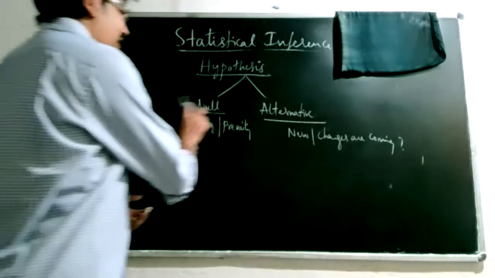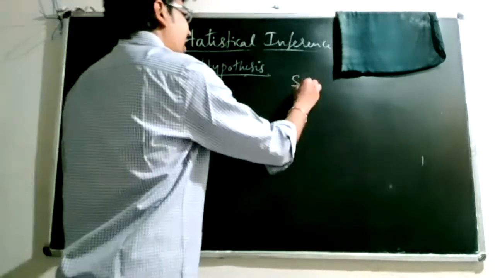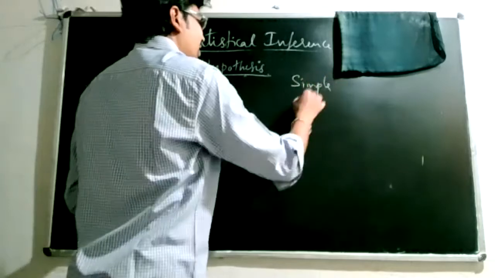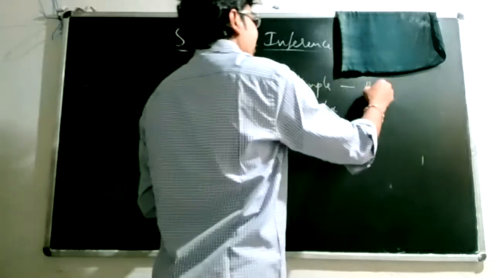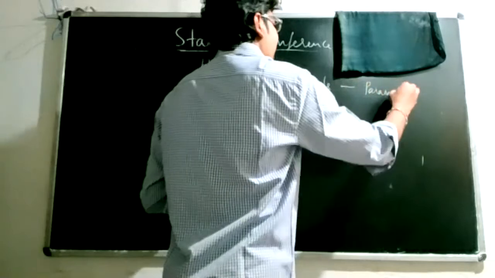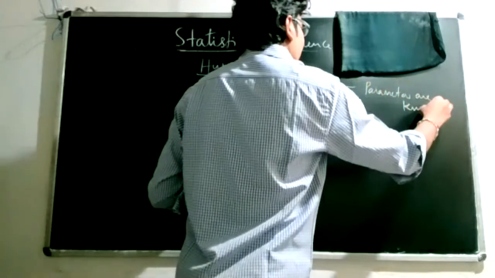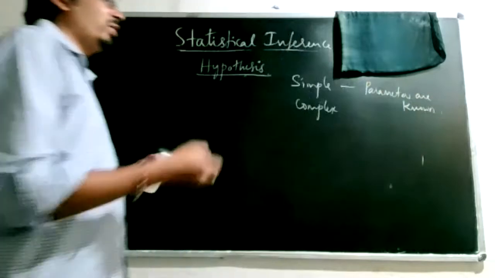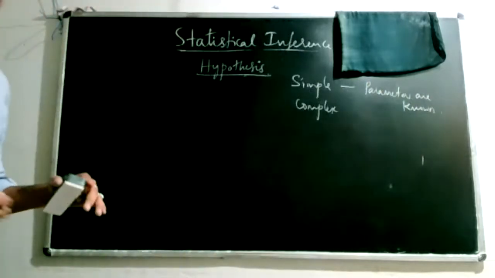Now, further, these hypotheses are also broken down into what's called simple hypothesis and complex hypothesis. Simple is when you are dealing with parameters, and in most cases the parameters are known here, or you have prior data, prior experience, which tells you your variance is this, your mean is this.